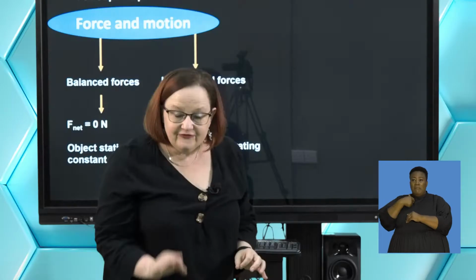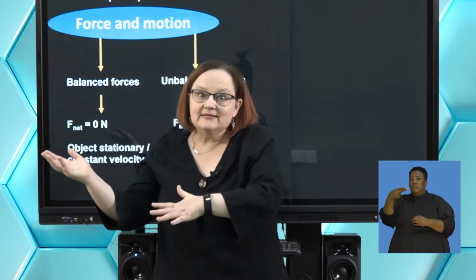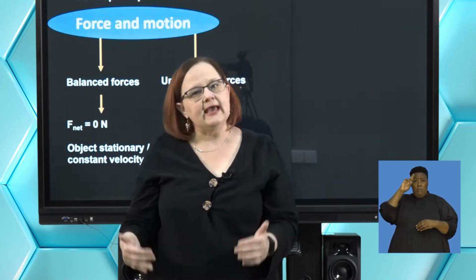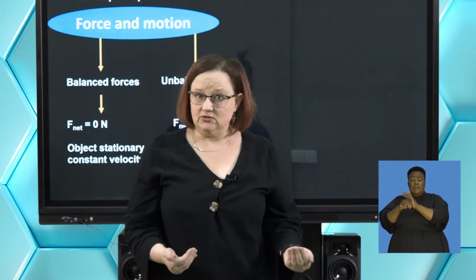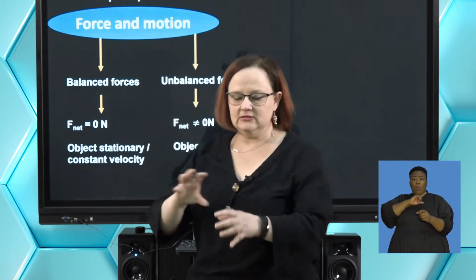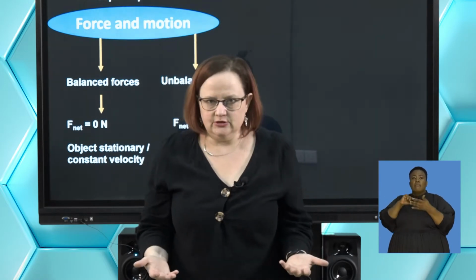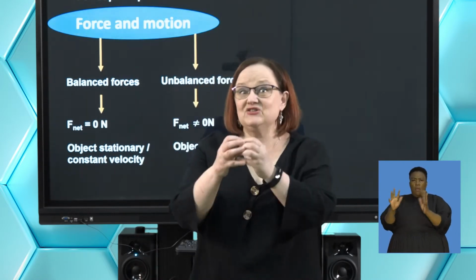I've specifically said not equal to zero, not bigger than zero or smaller than zero, because remember, forces can be negative. The negative gives me direction. So I'm not telling you here for them to be unbalanced that the force has to be bigger than zero or it has to be smaller than zero, because I'm not indicating direction, okay? But it has to have a value.